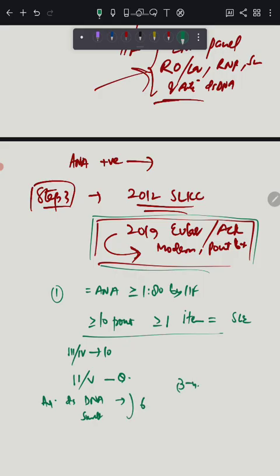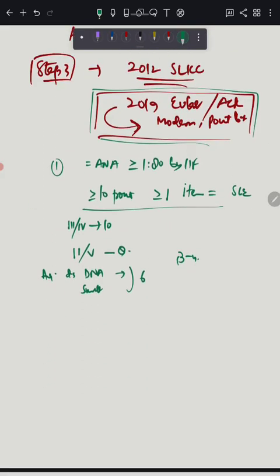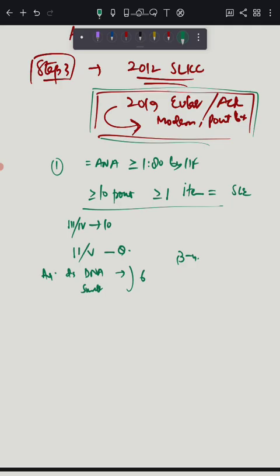Also fever, cytopenias, mucocutaneous symptoms, serositis, arthritis, etc. The 2012 criteria is also still used now, and we know it requires greater than or equal to 4 criteria with at least one clinical and one immunological, or alternatively biopsy-proven lupus nephritis with ANA or anti-double stranded DNA.